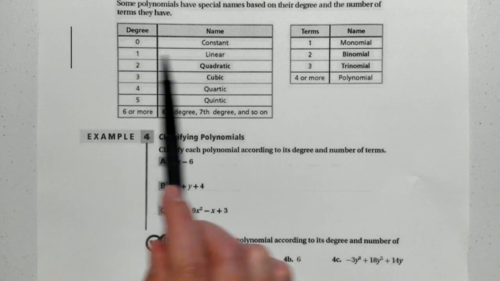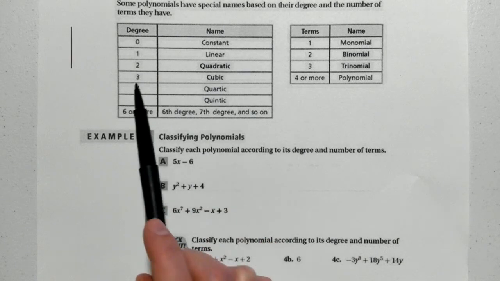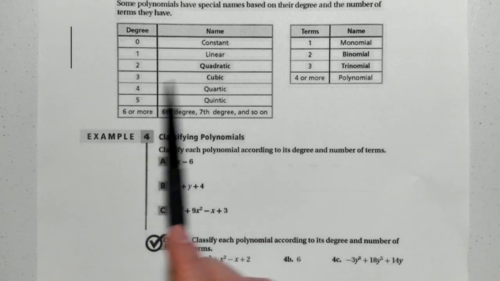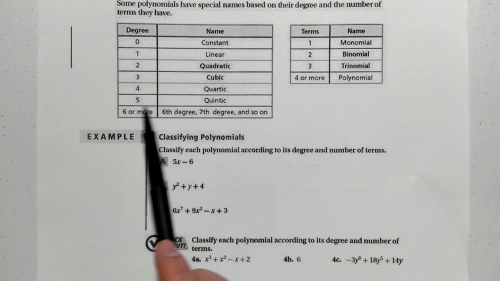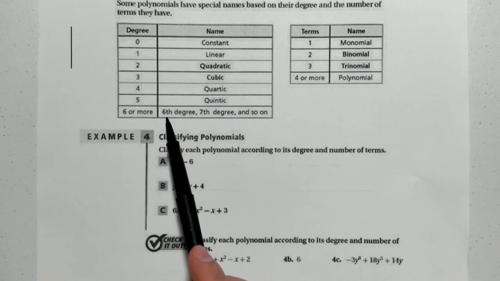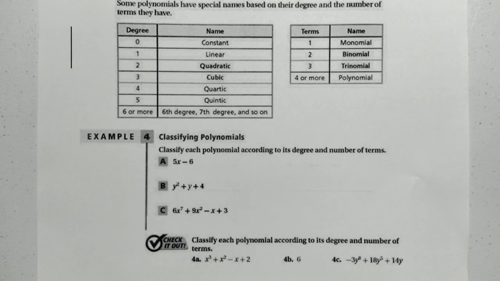A degree of 1 is linear. A degree of 2, quadratic. A degree of 3 is cubic, 4 is quartic, 5 is quintic, and then 6 or more, you just say it by the degree. So 6th degree, 7th degree, and so on.